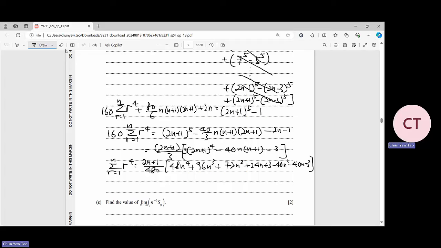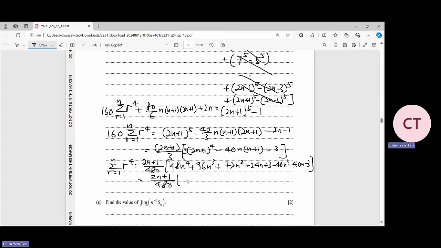So this expression is a bit long, so you have to be careful when you expand and simplify them. It's very easy to make careless mistakes over here. So at the end, when you simplify everything, you can see that you have 2n over 2n plus 1 over 480.